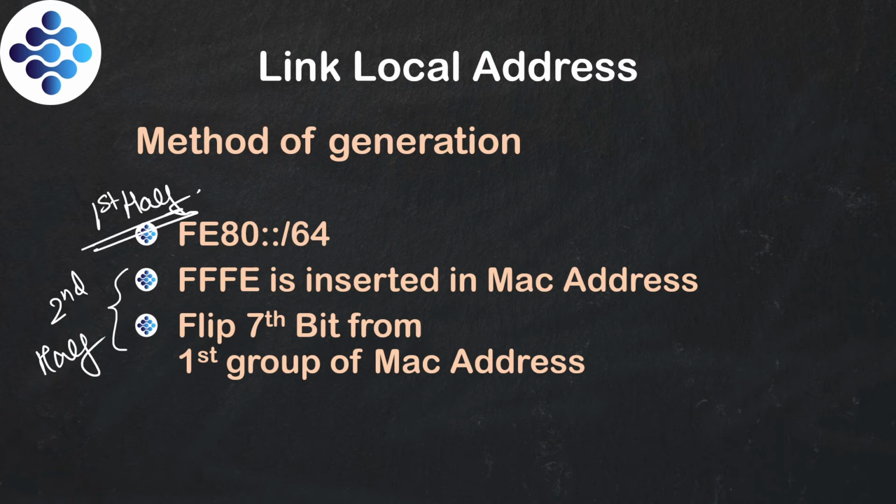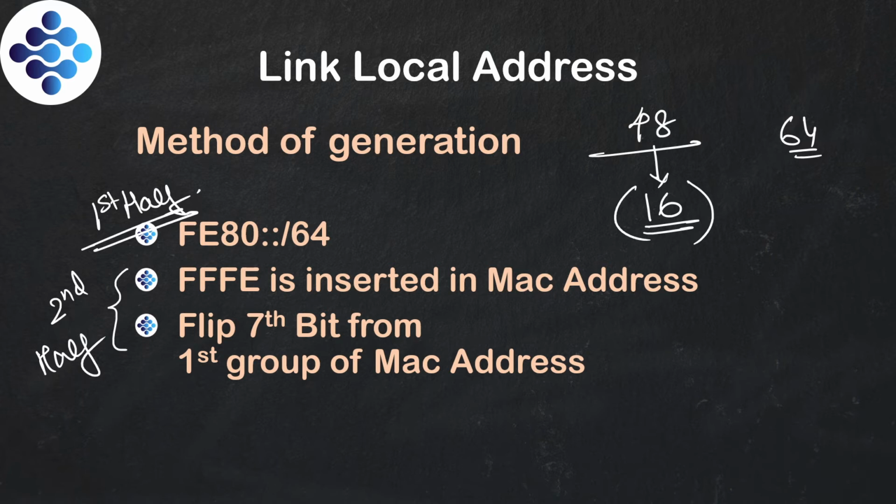So here we know that a MAC address is 48-bit. We want 64. So that's why we shall be adding 16 more bits to make it 64. So these 16 are FFFE, right?